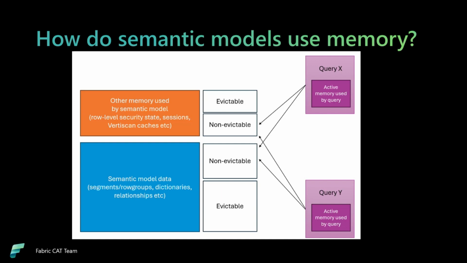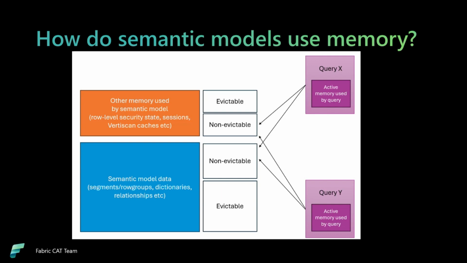Probably because it's being used. Everything could potentially be evictable, but if it's being used, for example, by a query, then it has to be in memory. So that's when we'll be talking a lot about evictable and non-evictable stuff and things being paged in and out of memory. But basically, everything is potentially evictable, except if it has to be in memory because we're using it.